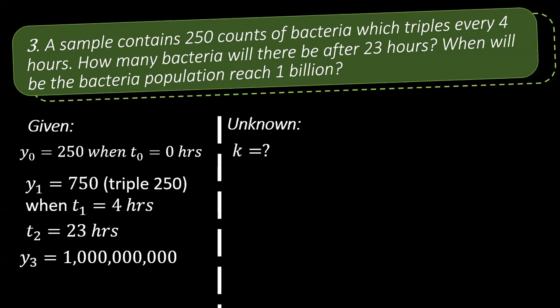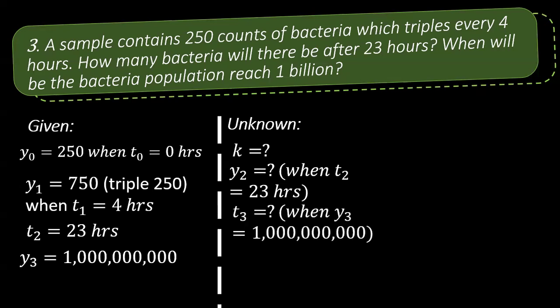First, we need to find k. Second, we need to find y sub 2 when t sub 2 is 23 hours. And we need to find t sub 3 when y sub 3 is 1 billion. Let's start by solving for k first.